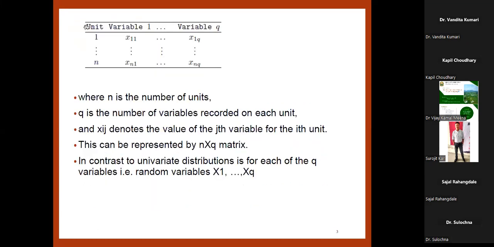As you can see, we have n units and q number of variables, and the data structure will be in this form. n is the number of units on which the data has been collected, and q variables are recorded on each unit, and each value is represented by xij. xij is the value of the jth variable of the ith unit, and the data structure is an n by q matrix, in contrast to the univariate case, where we have only one random variable for n units.